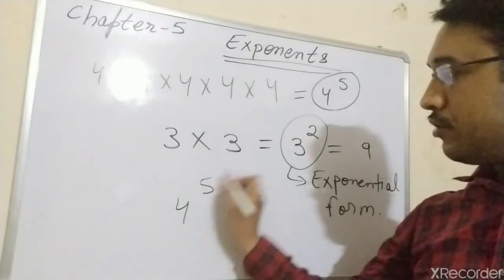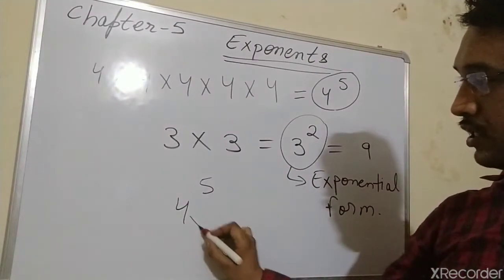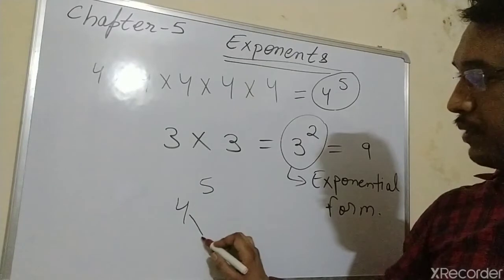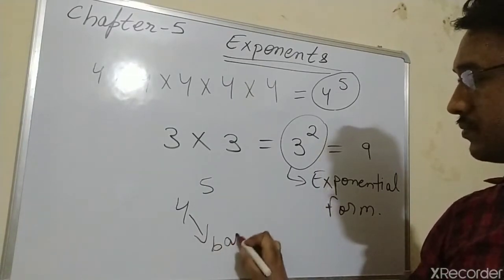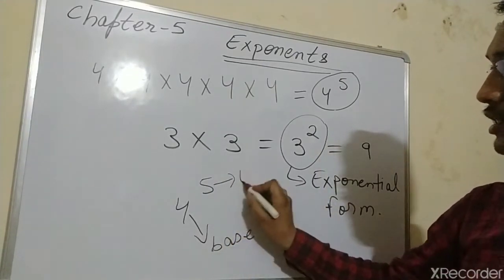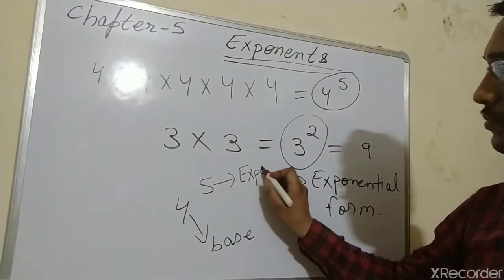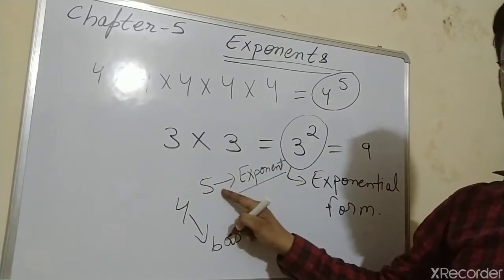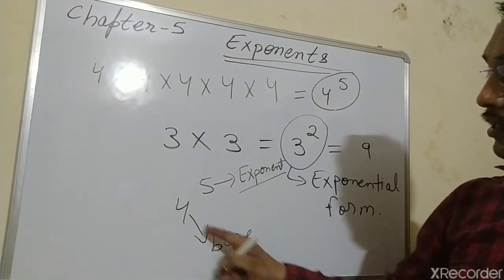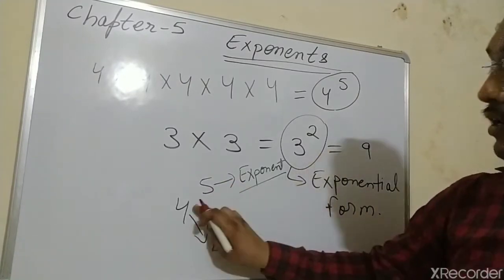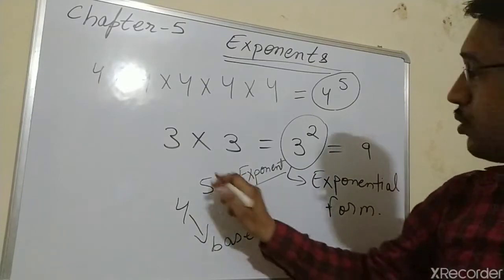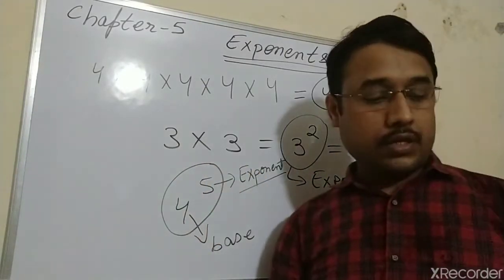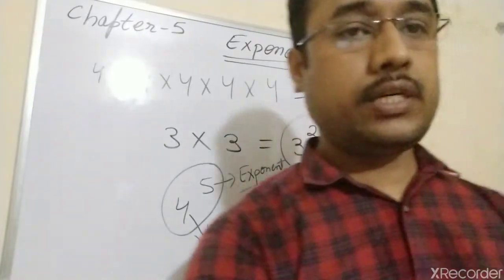This 4 is the base, and this 5 is the exponent. This 5, the power, is known as the exponent, and the number upon which the power is given is the base, and the whole term is known as the exponential form. Is it clear?